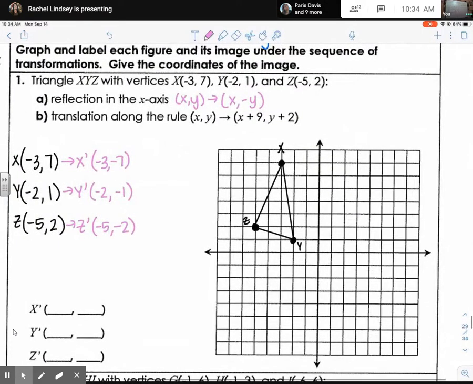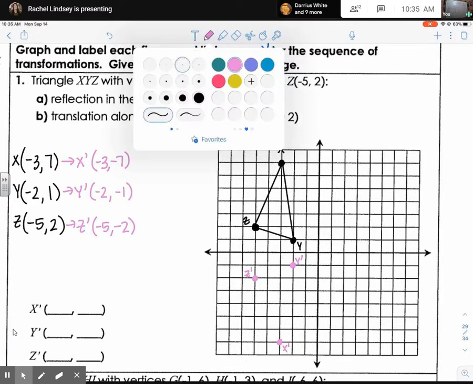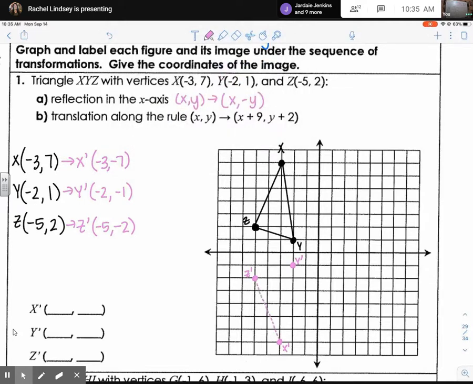So right there, you could graph that if you wanted to. I'm going to. But again, you do not have to graph the middle transformation. It's really just helpful if you want to use patty paper, if you graph all of your transformations.